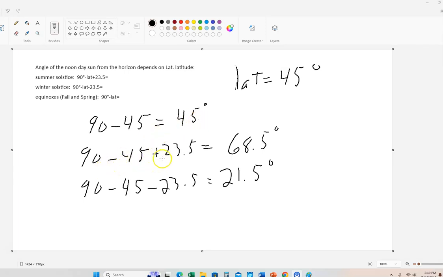On the first day of summer, the angle would be 68.5 degrees. You just follow these formulas. On the first day of winter, it would be 21.5 degrees. Quite a difference.